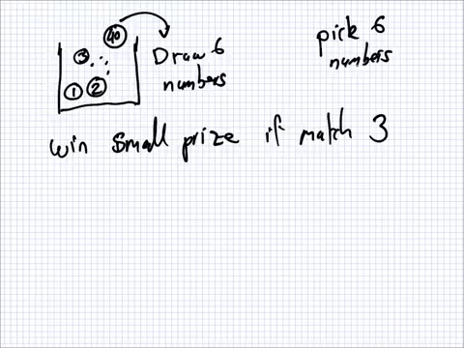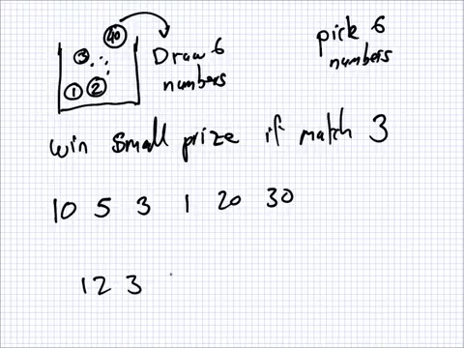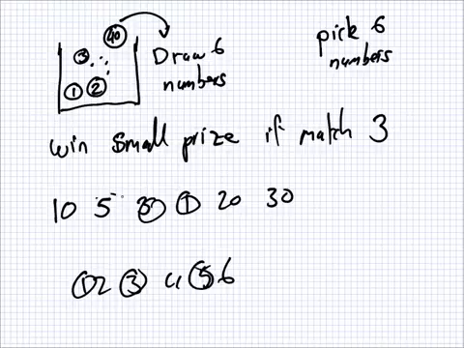You understand? For example, if they draw 10, 5, 3, 1, 20, 30, and you picked 1, 2, 3, 4, 5, 6, then you have 1 the same, no, not 2, 3 is the same, and 5 the same. So for this ticket you would win because you matched 3 of them.